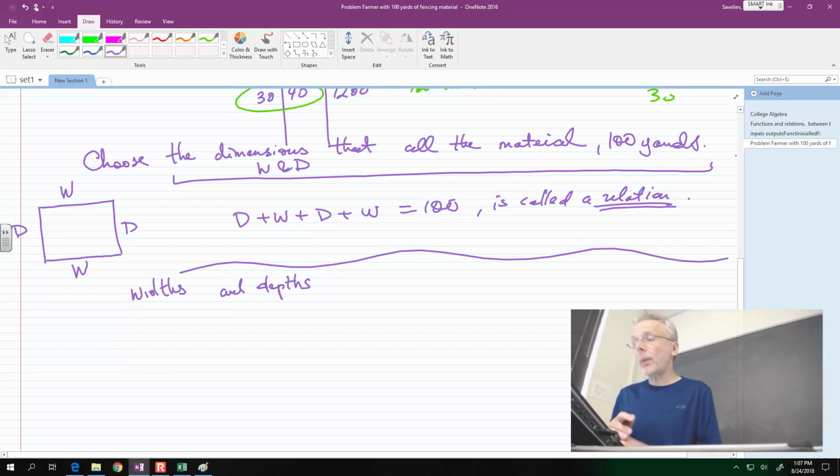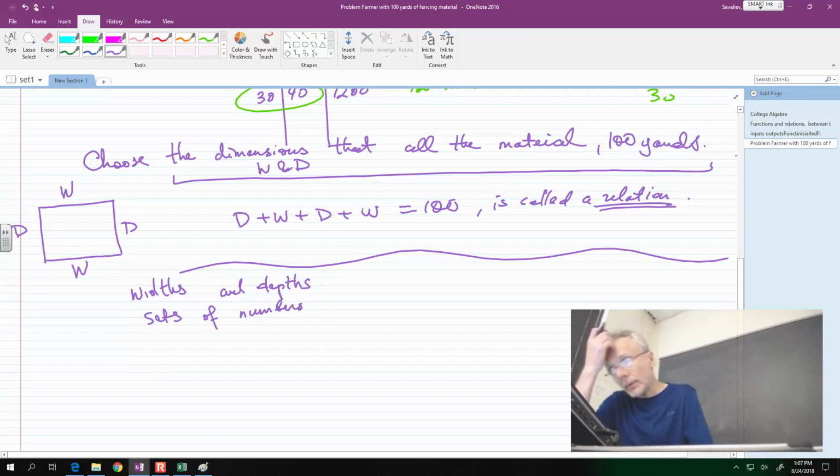Okay, all possible combinations of widths and depths. We were thinking of them as sets. Both of them are sets of numbers. So we're just trying to make sense of the problem using the ideas that we have been talking about.